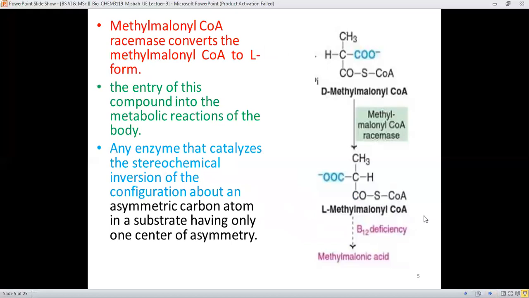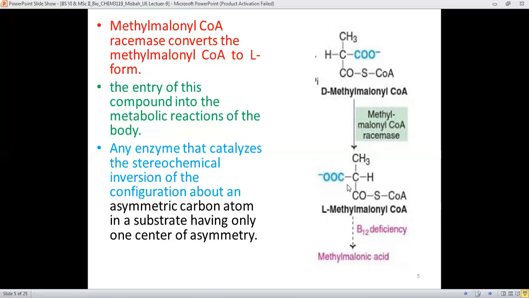Next, D-methylmalonyl CoA converts into its L form, which is called L-methylmalonyl CoA. In this, the carbonyl functionality is present on the left side of the asymmetric carbon, and the enzyme is racemase.